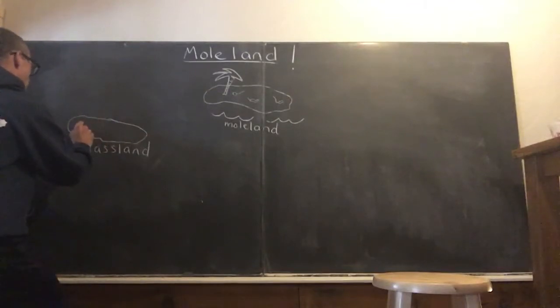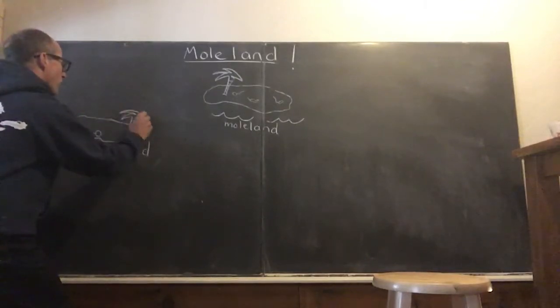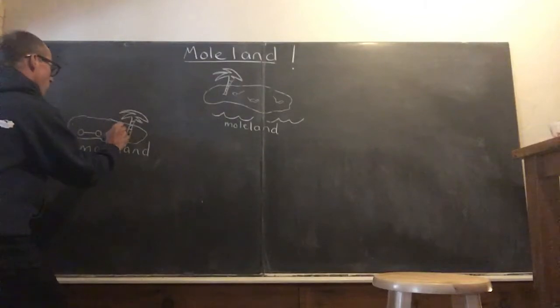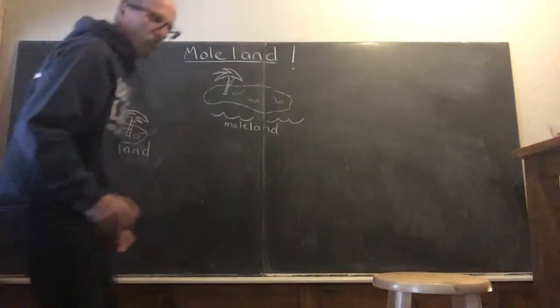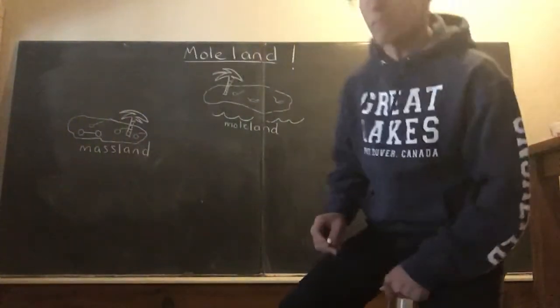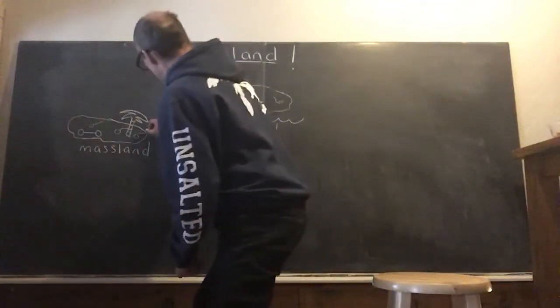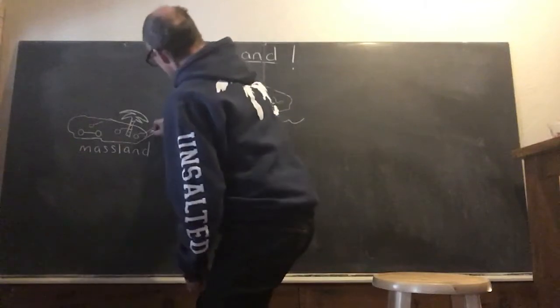This is where the moles go to work out. It's not a bad place. There's some nice palm trees. When they get tired of the sun, the moles can hang under the palm trees, or they could lift some weights if they want. And like I said, there's a bridge that goes between those two islands.